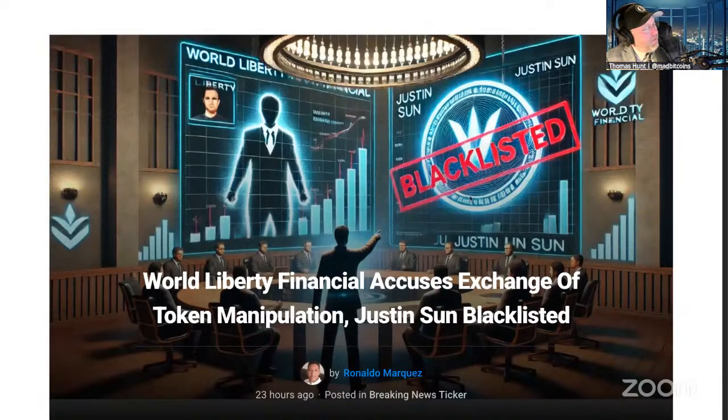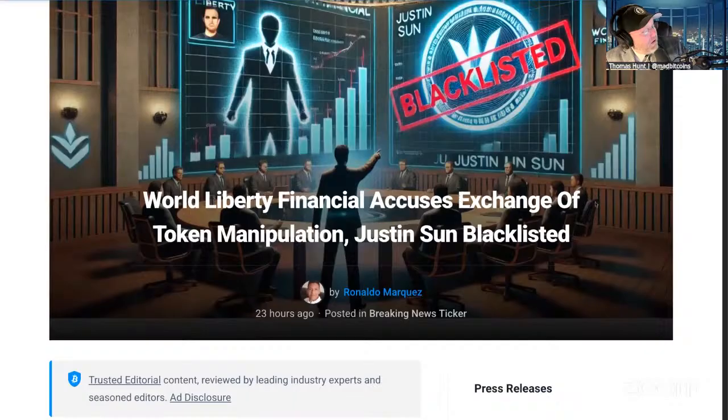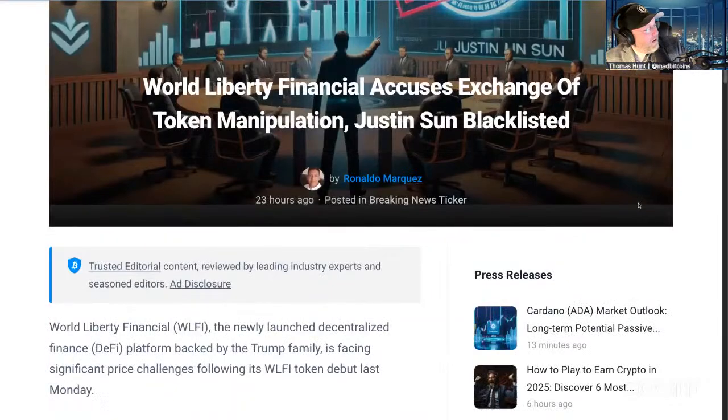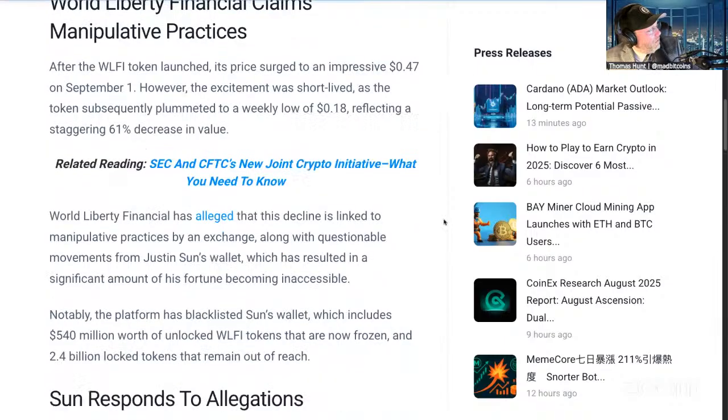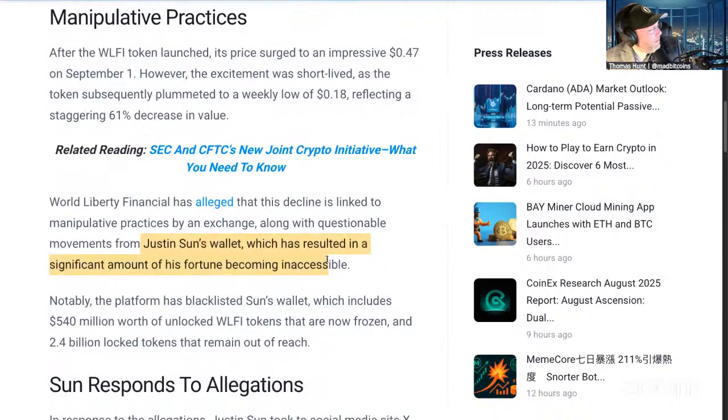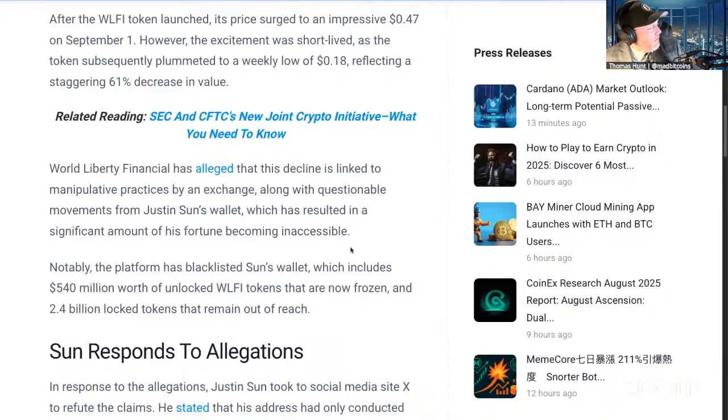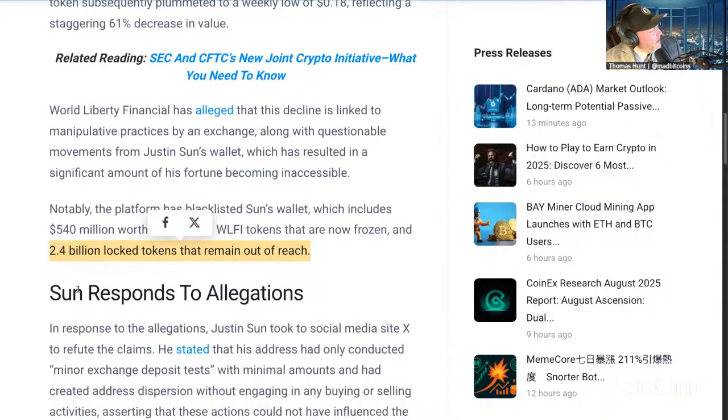World Liberty Financial is accusing exchanges of token manipulation. At the same time, they have banned and blocked and controlled Justin Sun's wallet. They say that Justin Sun has $540 million worth of locked WLFI tokens that are now frozen, and allegedly $2.4 billion in locked tokens, which are out of reach.